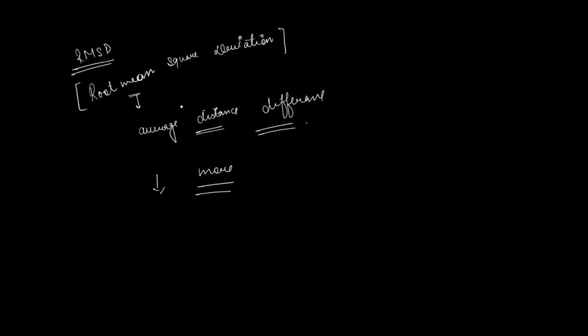If your RMSD value is between 0 to 1 angstrom, it means it is an excellent match, or almost perfect overlap.